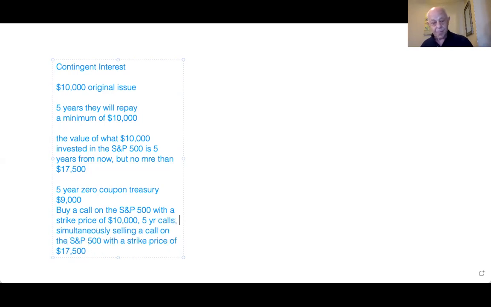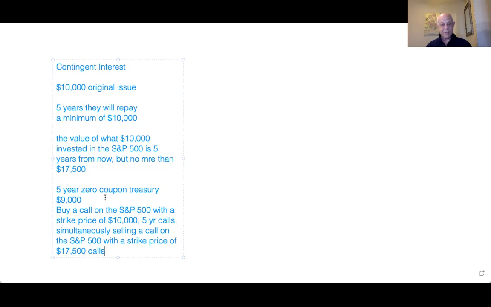And so if the S&P is worth 10,300 5 years from now, the call that has a strike price of $10,000 will have a value of $300. So you combine the value of the call, $300, with the zero coupon, and that's how the bank will pay back $10,300. If the S&P is up to 10,750, this call will be worth $750.